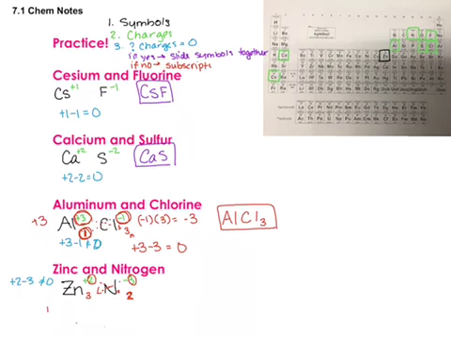We have an overall +2 charge on zinc times the 3 zinc atoms, which gives us an overall charge of +6. Checking nitrogen. Nitrogen has the -3 charge, and we've made it so there's 2 nitrogen atoms, giving it a -6 charge. So we have +6 -6, we equal 0.